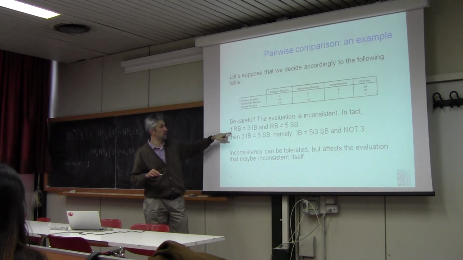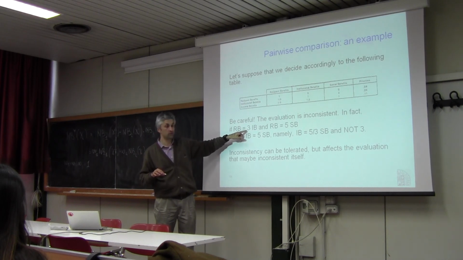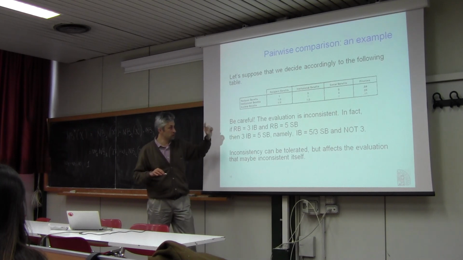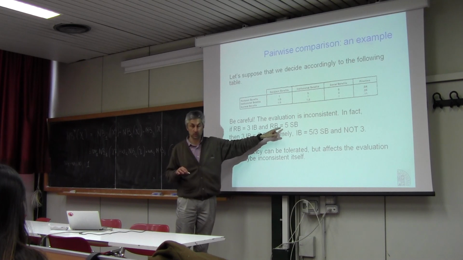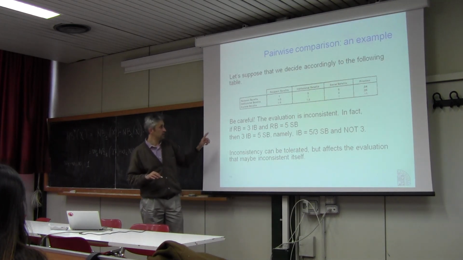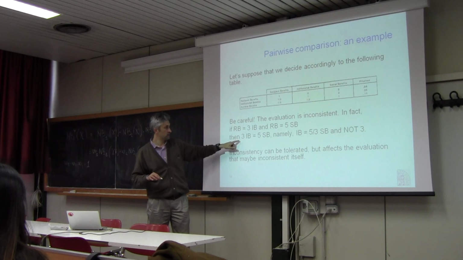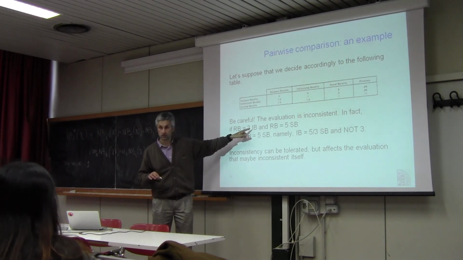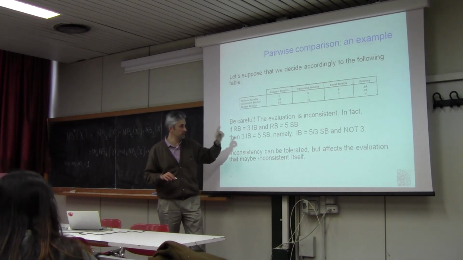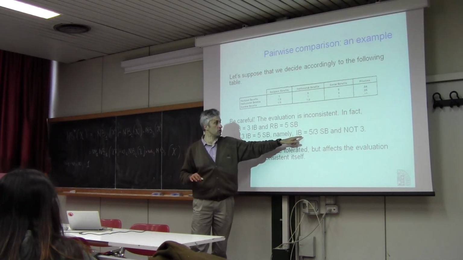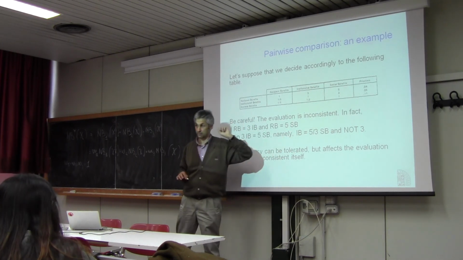If you consider that RB, recipient benefit, has a score of 3 with respect to the institutional benefit, and you consider that the recipient benefit has a score of 5 with respect to the societal benefit, then you would expect that a score of 3 to the institutional benefit is equivalent to a score of 5 to the societal benefit. Namely, institutional benefit has a score of 5 over 3 with respect to the societal one, and not 3.